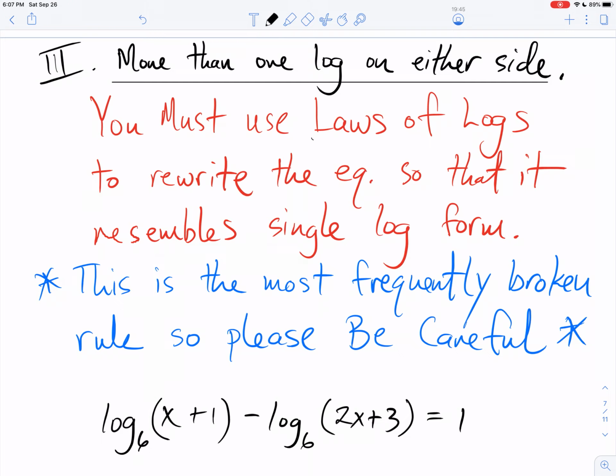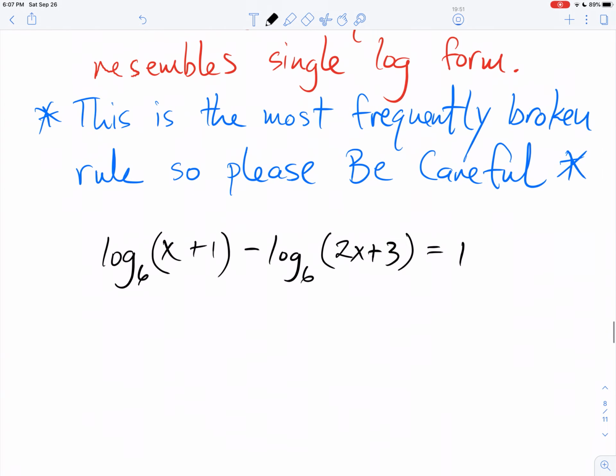We must use laws of logs to rewrite the equation. Here's what I mean. I did not have you guys go through all those log properties and all those log laws because we never talk about them again. We use them all the time to solve stuff. So, do you guys see like this is a subtraction?